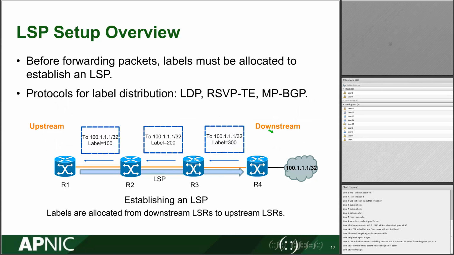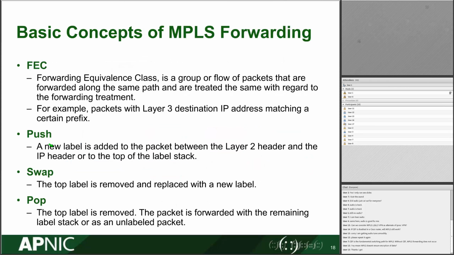The labels are allocated from downstream to upstream. The control plane and the forwarding plane are reversed, in different directions. So the control plane allocates labels from downstream to upstream. This is the direction in which we set up the LSP.